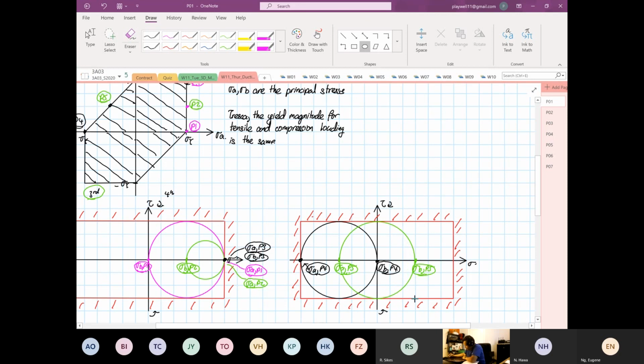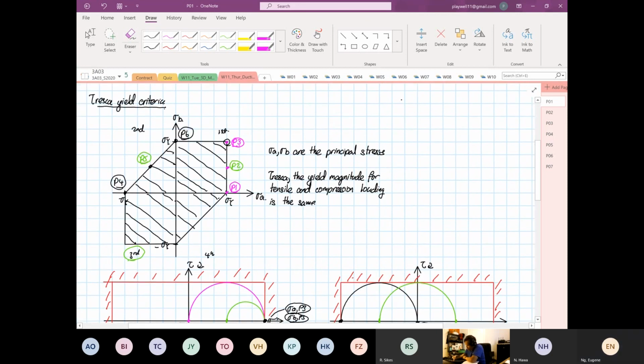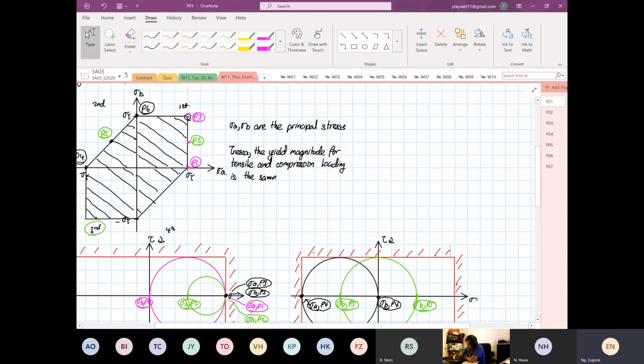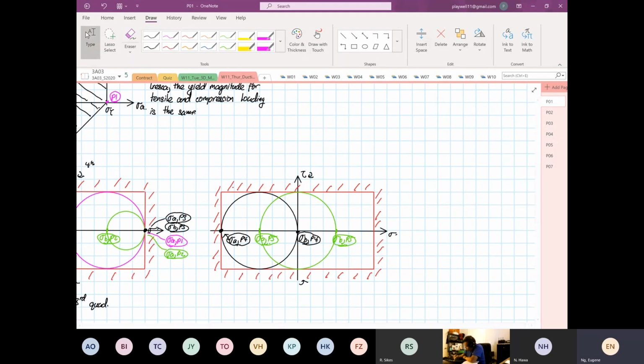Okay. And lastly, at point 6, where stress B is at its maximum, I'm going to use a different color now. So over here, this is stress B at point 6. Okay, and then this is stress A at point 6.